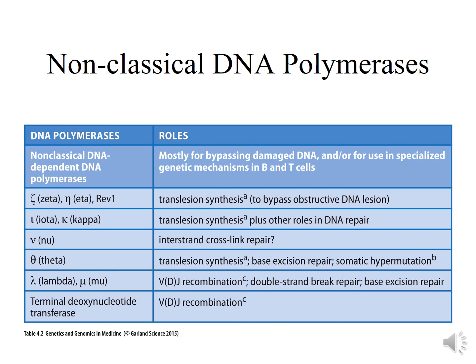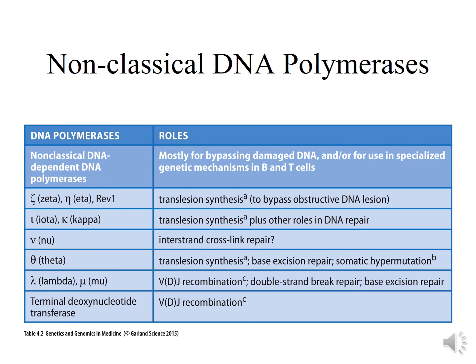This table shows the DNA polymerases that are involved in translesion DNA synthesis. In translesion DNA synthesis, subsequently the gap in the daughter strand opposite the lesion is filled in, and the lesion can then be repaired later on by using the daughter strand as a template in nucleotide excision repair.